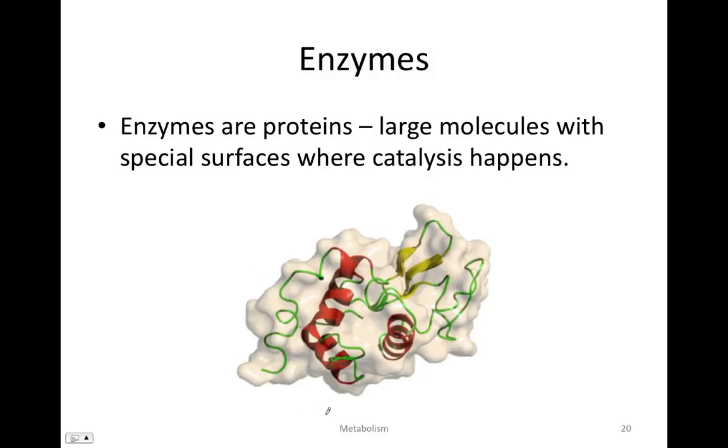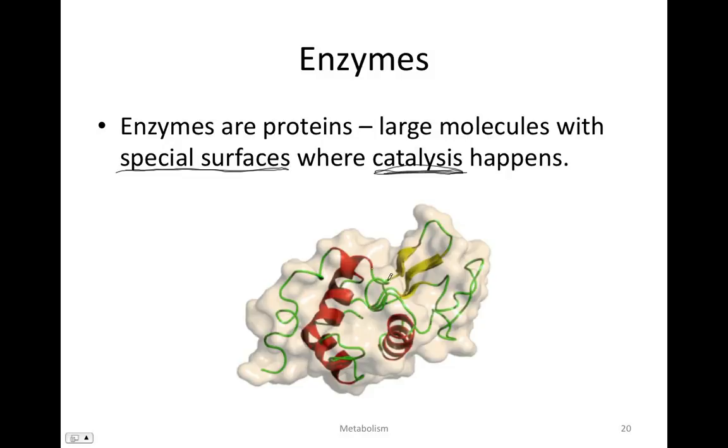This protein folds into its three-dimensional shape, and in that three-dimensional shape there's this surface. This surface, that is this crevice here, is the special surface that makes catalysis happen.